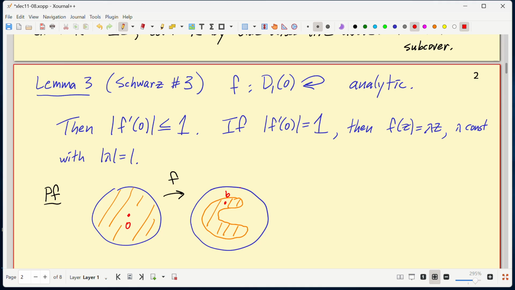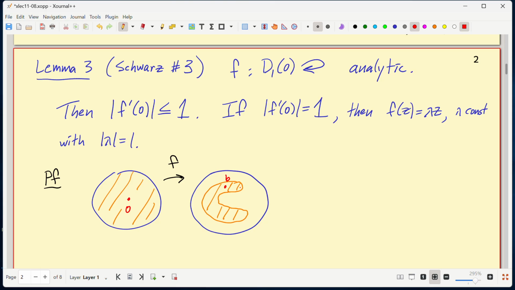But in order to use the Schwarz lemma, I need my mapping to map 0 to 0. So the next map I'm going to use is going to take B to 0. And then that weird blob would get mapped to something like this. No, B is in there, I'm sorry. B is going to be in the orange blob, but it's not onto it. Okay, so we get that picture.